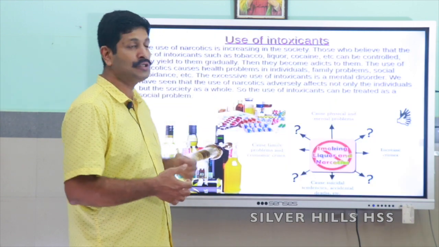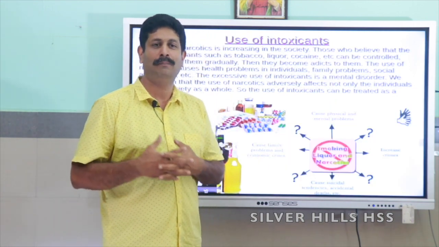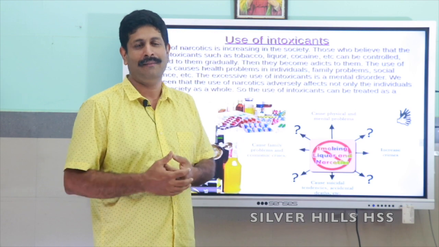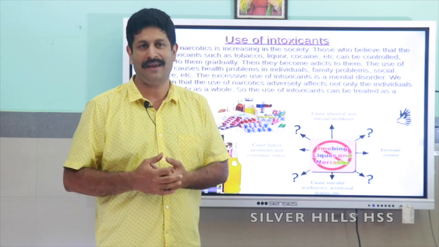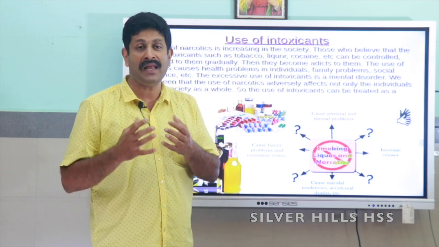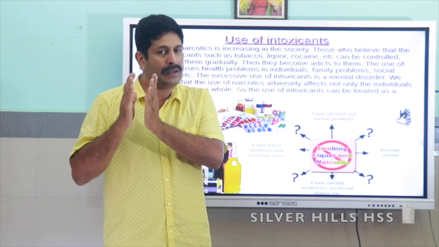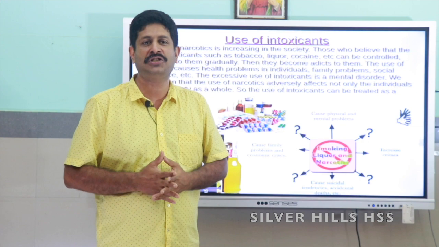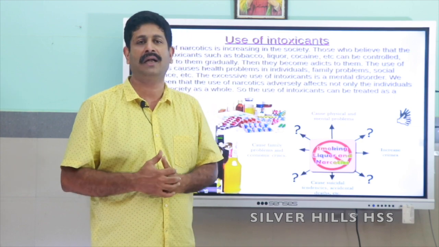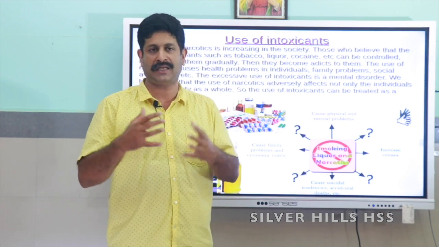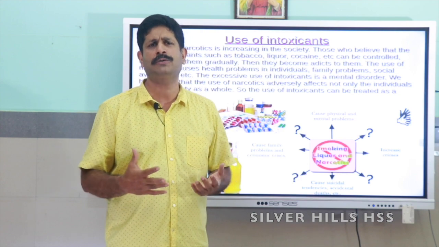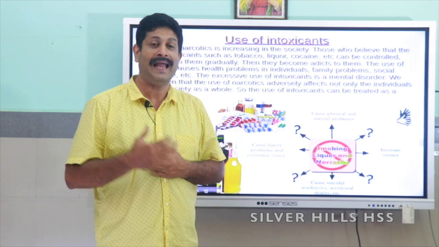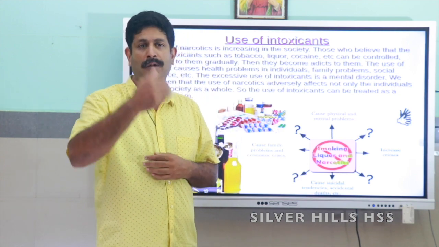Now here, for you people, please don't do it, because it's your life. Intoxication: mainly the age group of 13 to 20, or middle-aged people, are being hit by intoxicating substances. It is a huge menace for society and creates a lot of social problems.